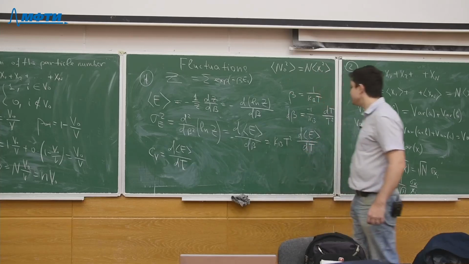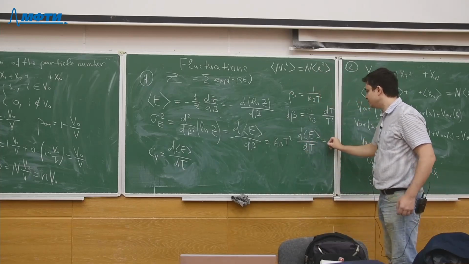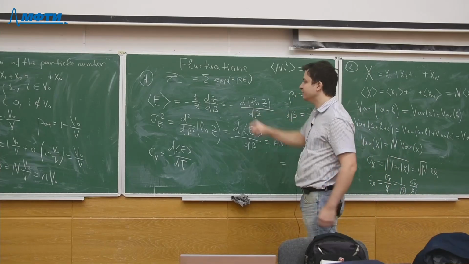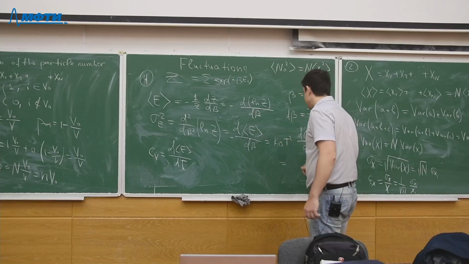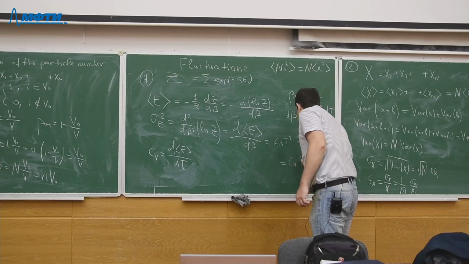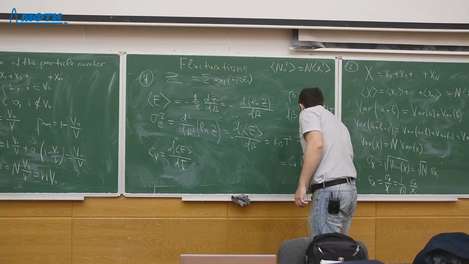And this is actually the heat capacity at constant volume. So in the end I have that my variance of energy is equal to the product of Cv times kB T squared.